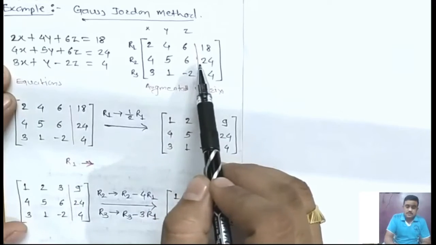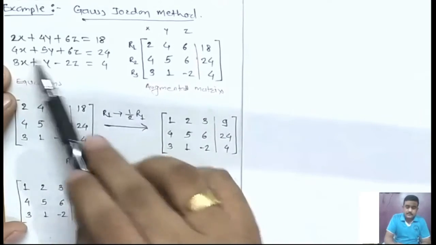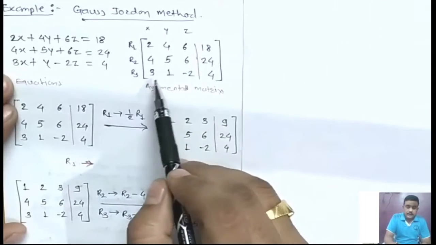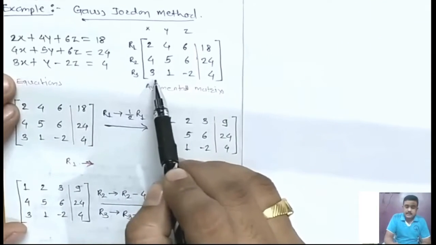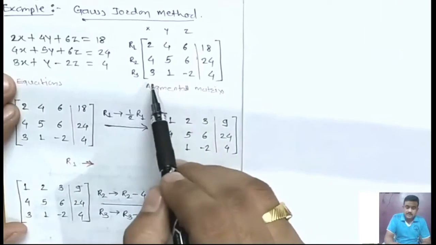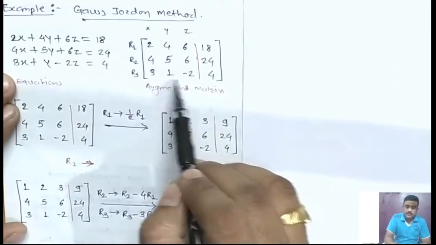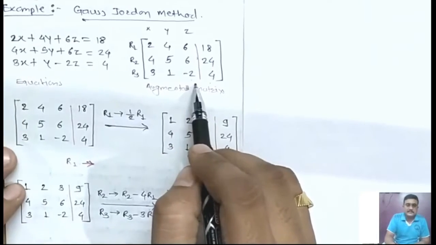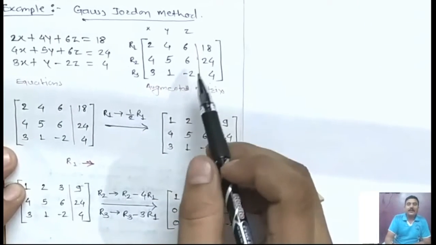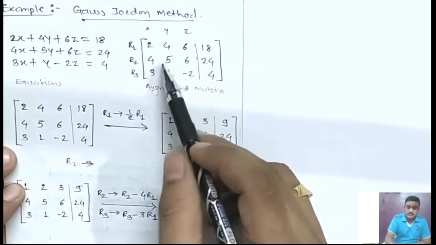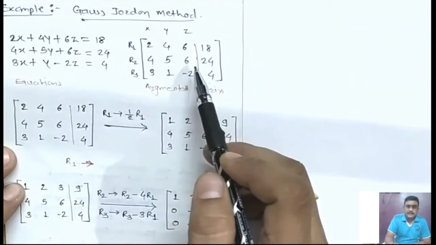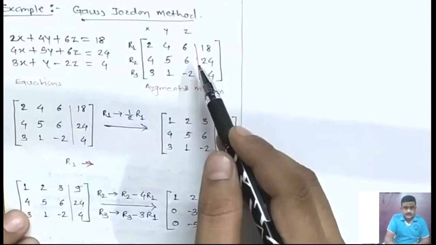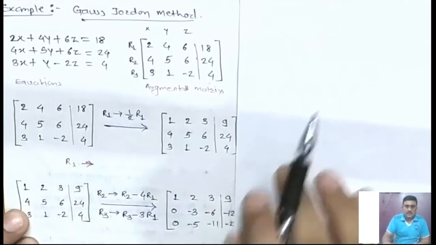The second row represents the coefficients of the second equation: 4, 5, 6 and 24, where 24 is the constant. The third row contains the coefficients of the third equation: 3, 1, minus 2 and 4. This is our augmented matrix. Now we will perform row transformations on this matrix to convert it into row echelon form.